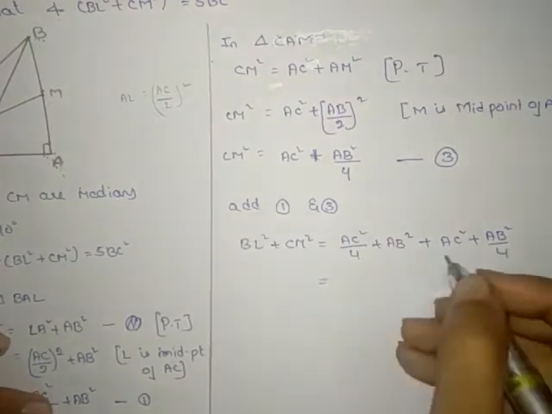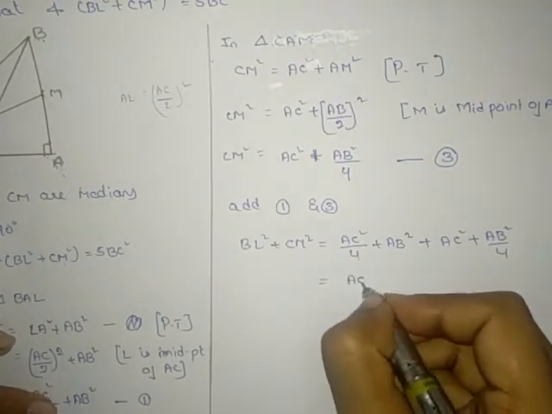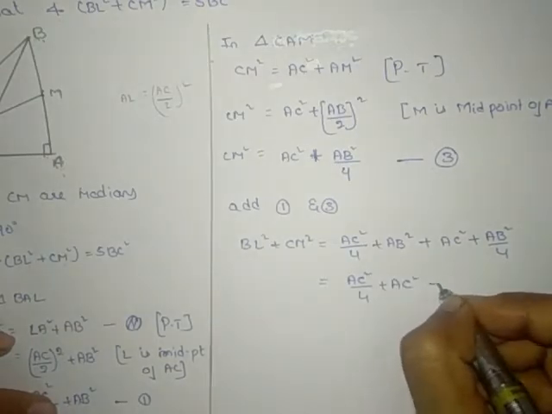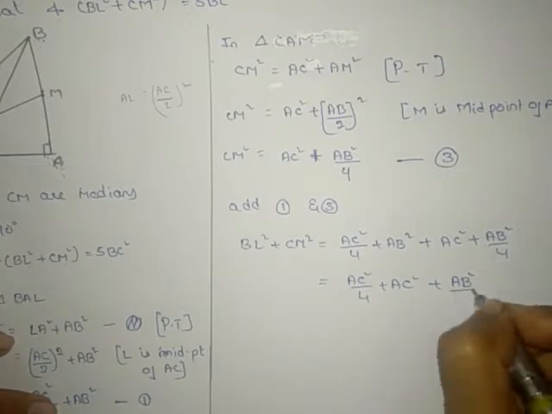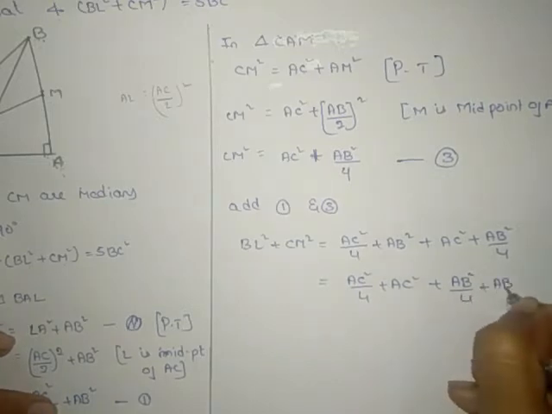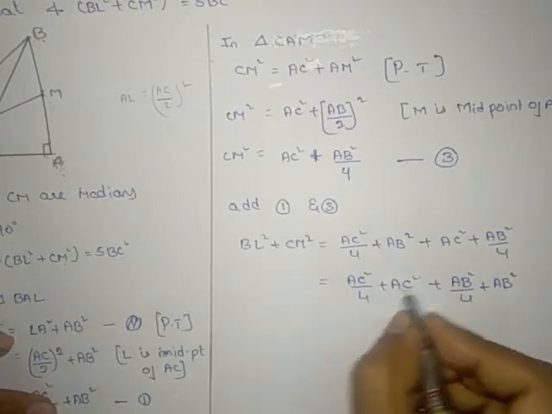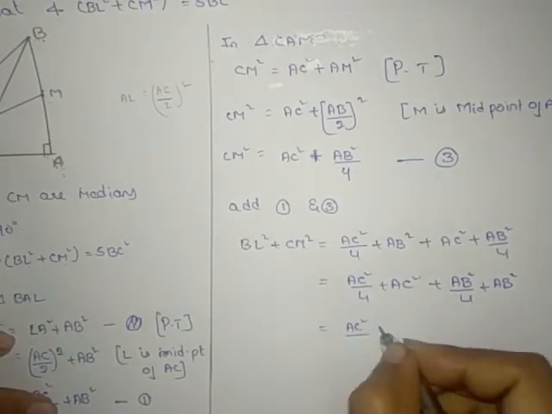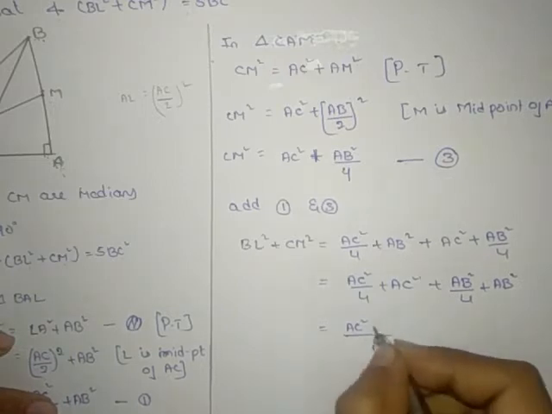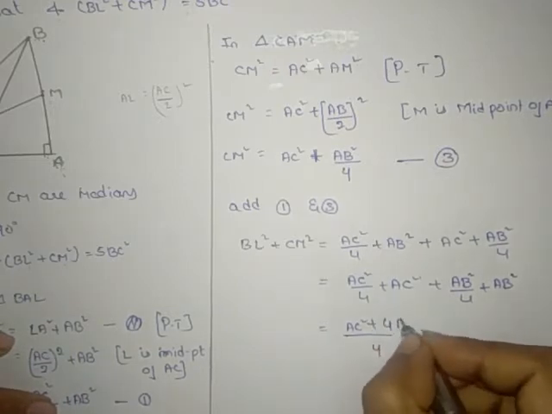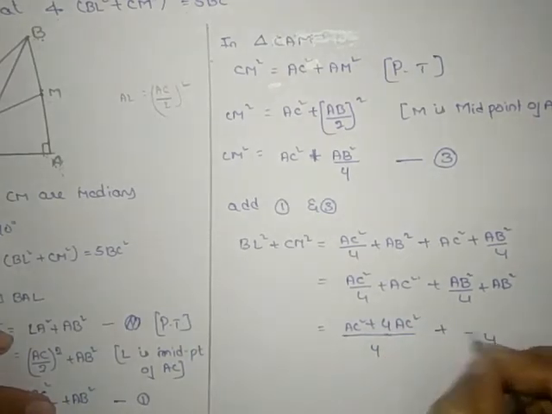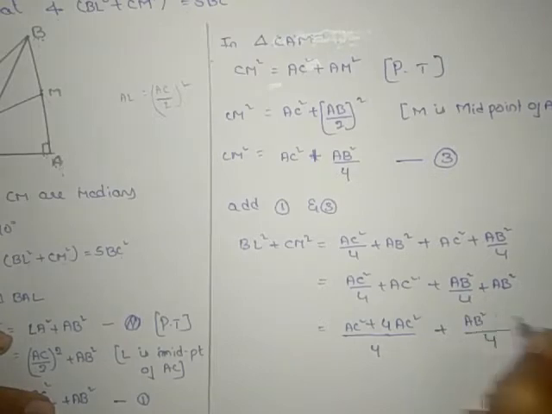We'll write all the like terms on one side, that is AC square divided by 4 plus AC square. Similarly plus AB square divided by 4 plus AB square, right? So we'll take LCM for these two and for these two separately. AC square divided by LCM will be 4 only. So plus 4 times AC square, plus LCM will be 4, AB square plus 4 times AB square.